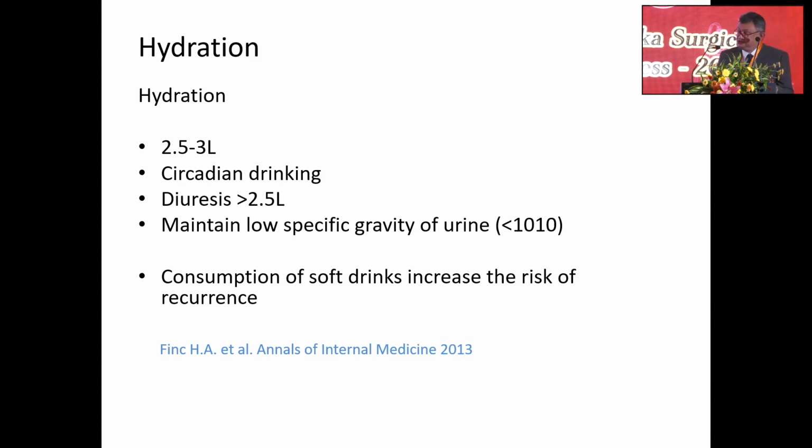There's no point binge drinking, because you know what happens if you binge drink, it will just get flushed out. What is necessary is circadian drinking and a diuresis of over 2 liters. So as much as what you drink, it is important that the patient passes adequate amounts of urine and maintains a low specific gravity of urine.